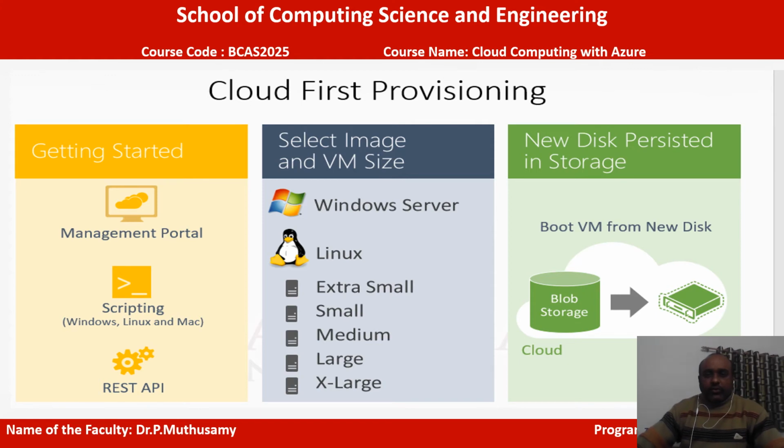Third one is a new disk persisted in storage. Boot VM from a new disk, blob storage.